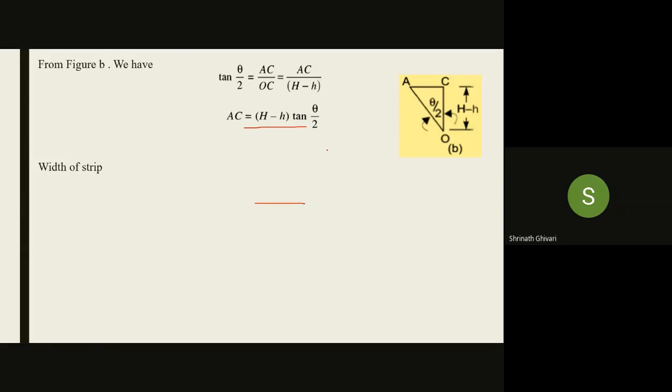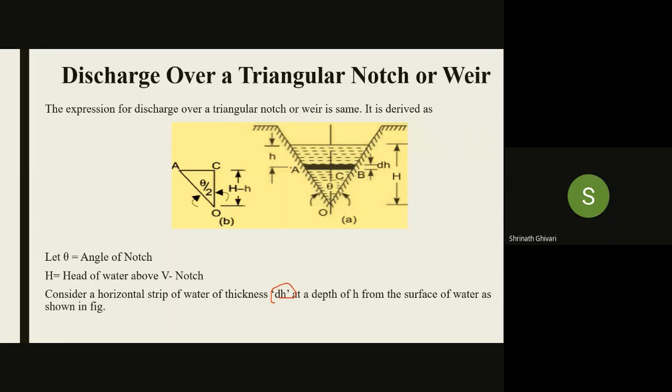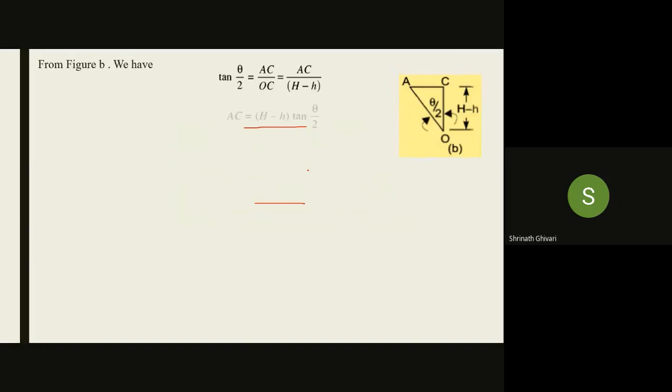Now, what is the width of the strip? That is equal to AB. So this is the width of the strip AB. Consider this elemental area to be like this. This is the whole width of the strip, that is AB.